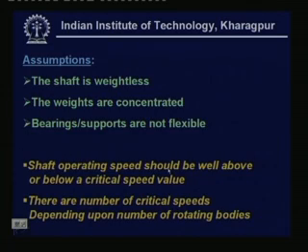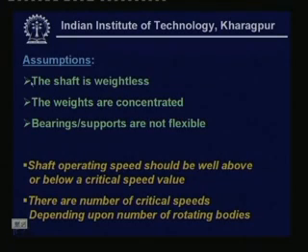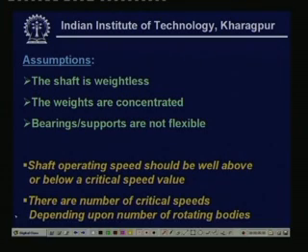But one thing is there, this particular formula has been derived using these assumptions. Please have a look. The shaft is weightless, which is a very major assumption. The weights are concentrated, and bearings and supports are not flexible. This is very important because none of the supports are really rigid, they will have some flexibility.